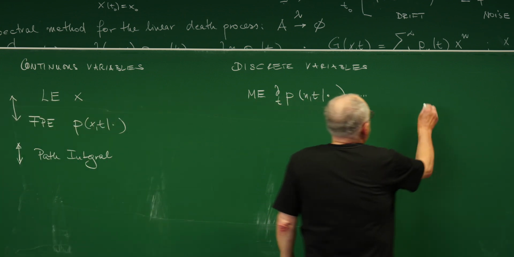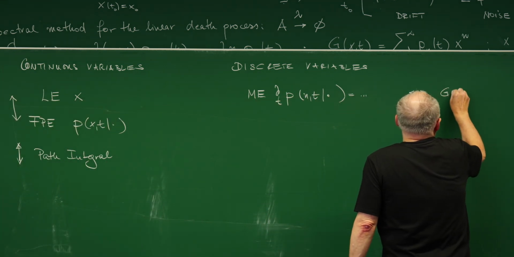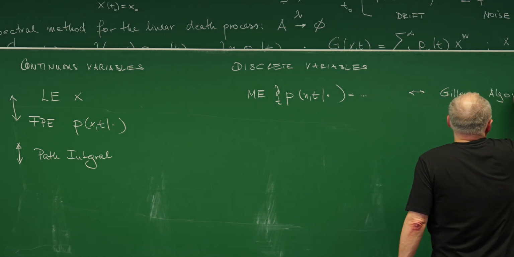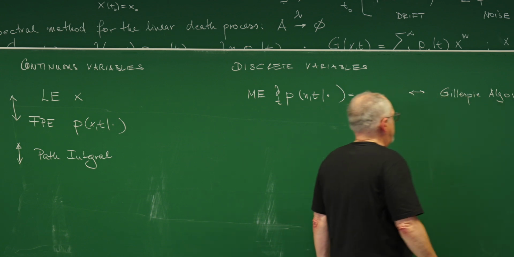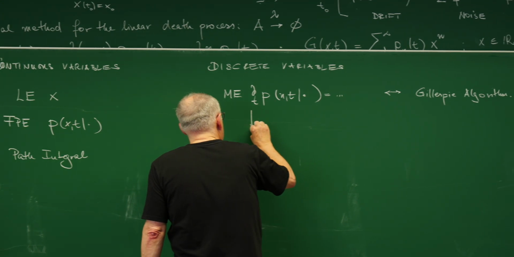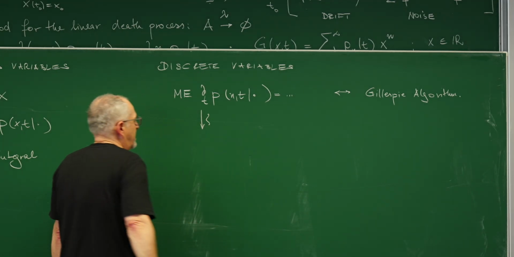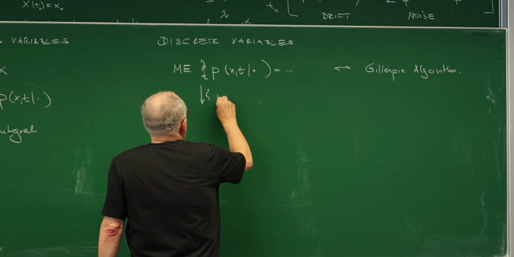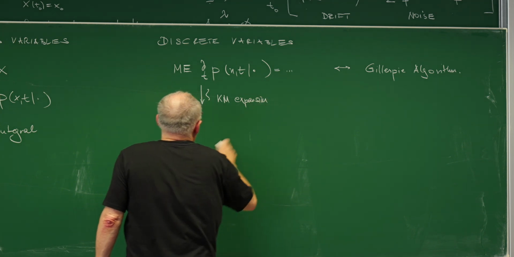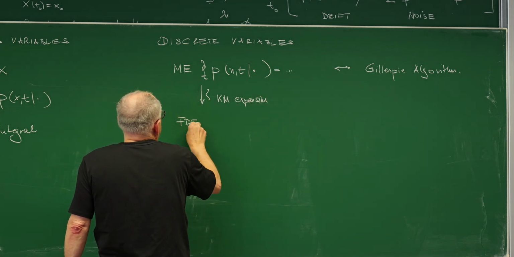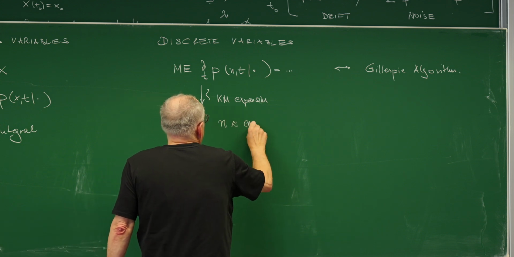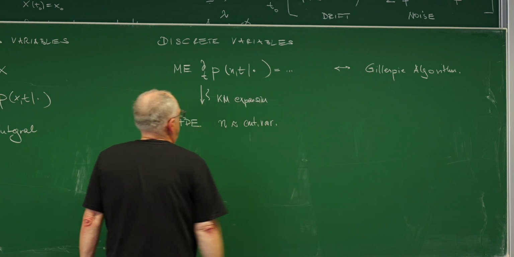We also have the Gillespie algorithm representing that. Then we can approximate that, right? This is not exact, through a Kramers-Moyal expansion, by a Fokker-Planck equation, considering n approximately a continuous variable.